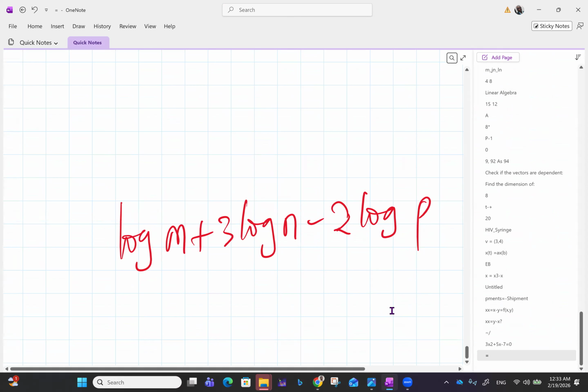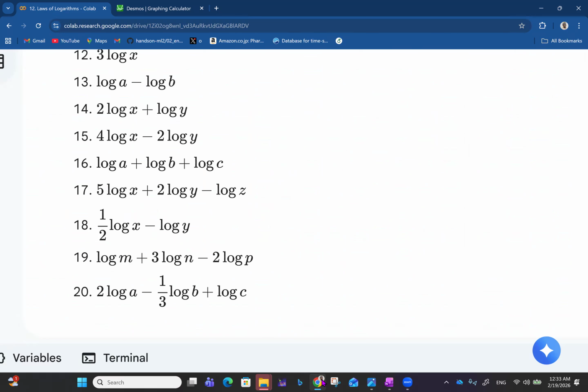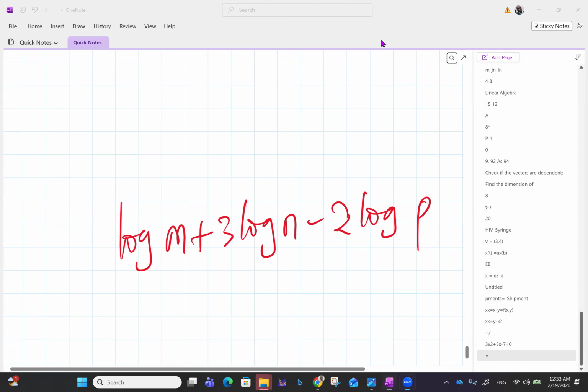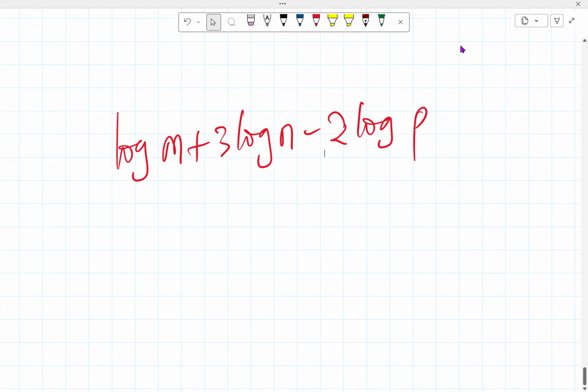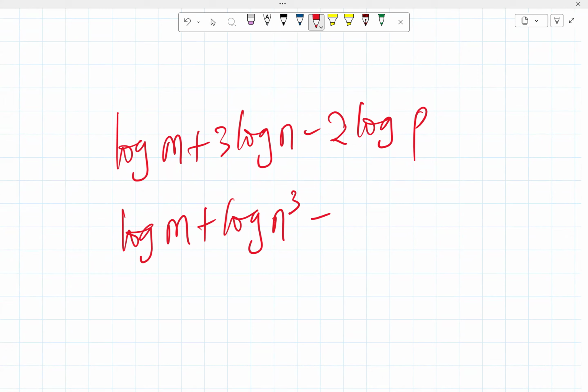So we have this. First thing we want to do is reverse the power. So we have log m plus log n raised to power 3 minus log p squared. Okay, that's what this is equal to.